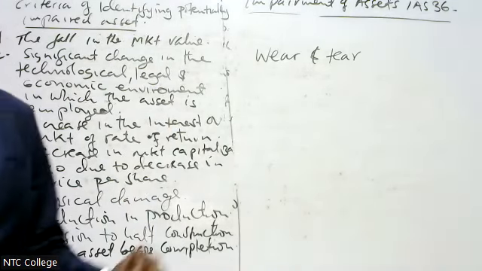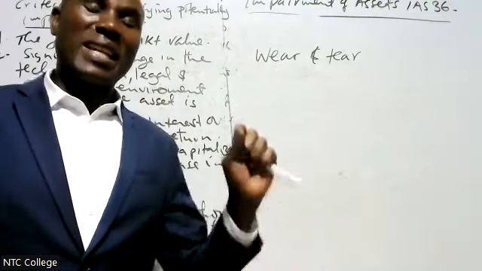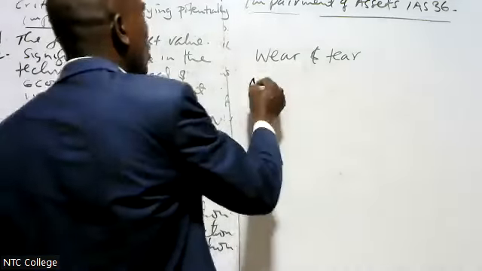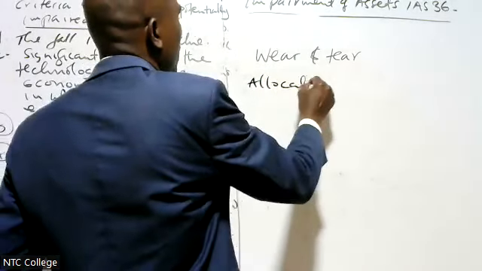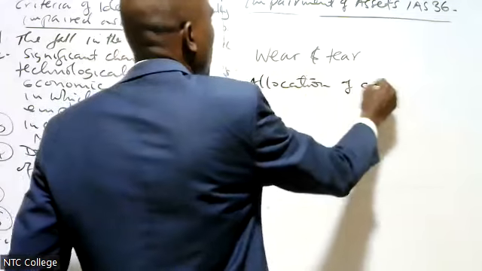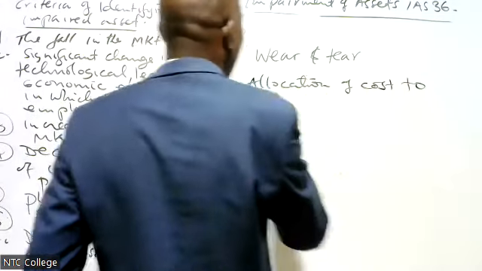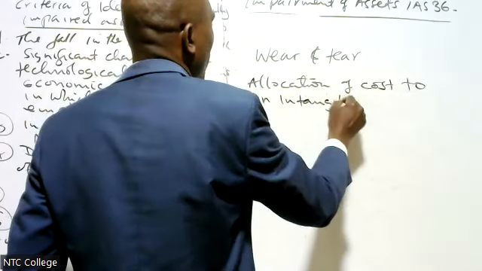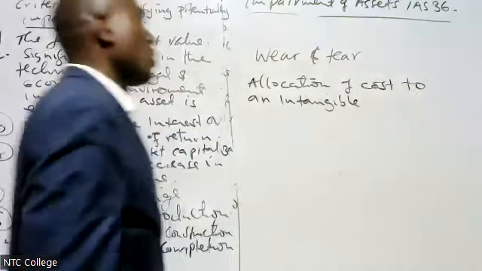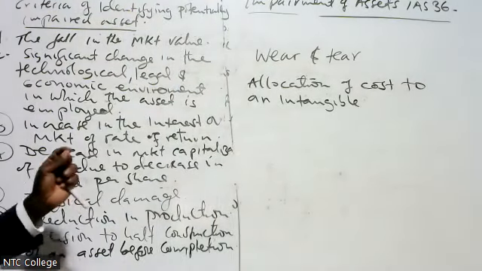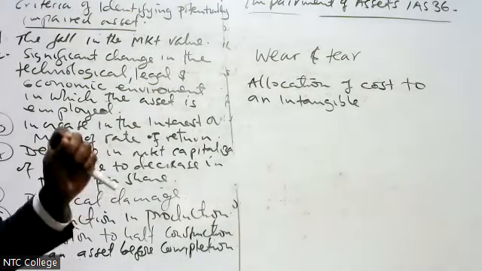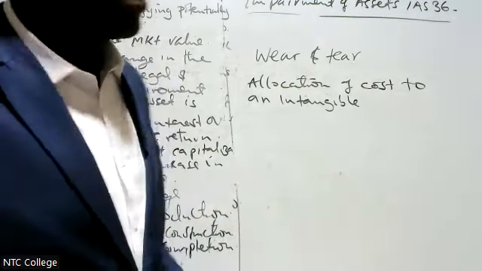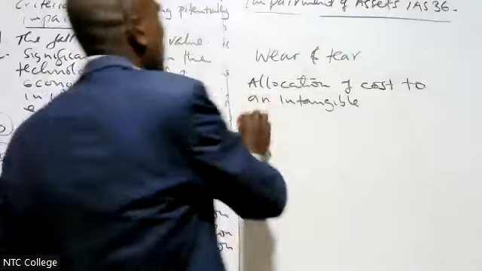Then amortization is the loss of value of an intangible asset, or the standard would say the allocation of costs to an intangible asset, that is amortization. That is what you are requesting.